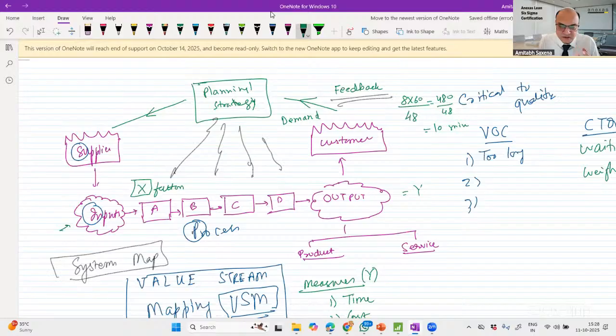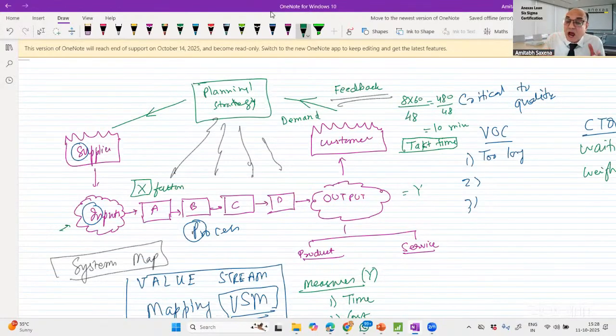Don't worry too much about it. Those who are interested can learn these tools, but forget about the jargon. We call it takt time. Whatever I just calculated is known as takt time. Takt time is how many minutes one unit should be produced in. Takt time is not cycle time. Please remember, takt time is not cycle time.